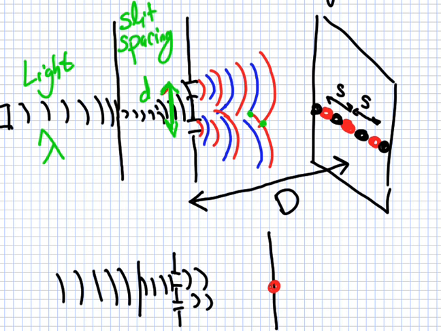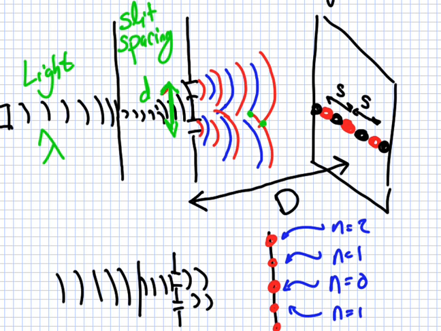So we get a bright dot, bright dot, bright dot, bright dot, bright dot. This dot in the middle is called n equals 0, and then the dots either side of it are n equals 1, and then this one here is n equals 2.